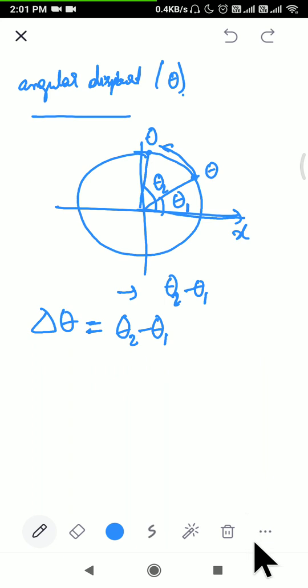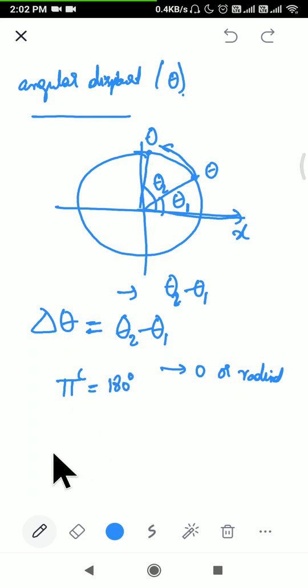Now, angle can be measured in degrees or radians. So what is the relationship between degrees and radians? Pi radians is equal to 180 degrees.